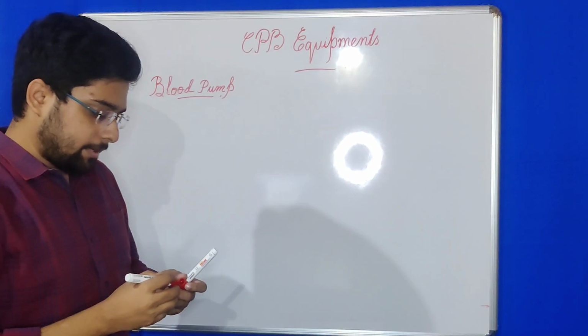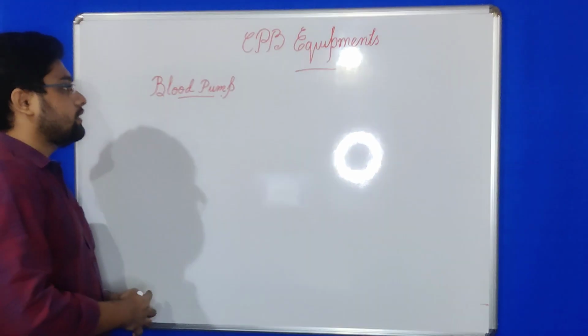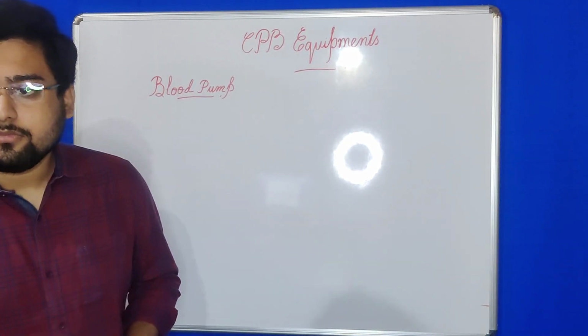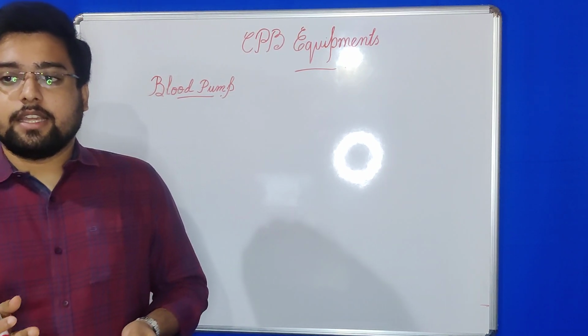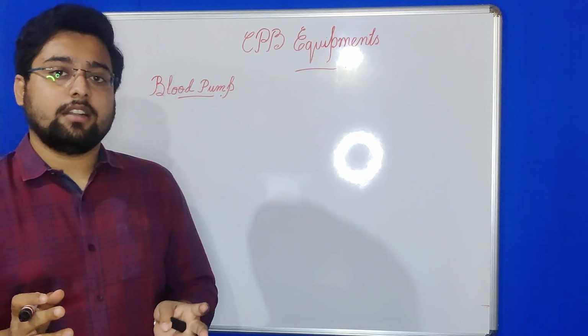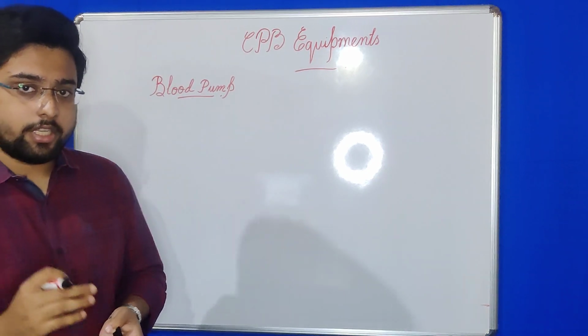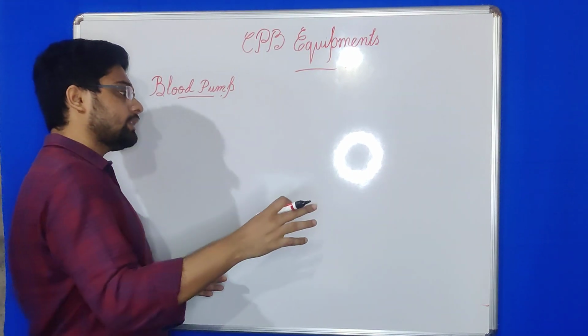So what is a blood pump? It is a device that collects blood, or it is a device that circulates the blood from the patient's body again to the patient's body through the extracorporeal circuit.